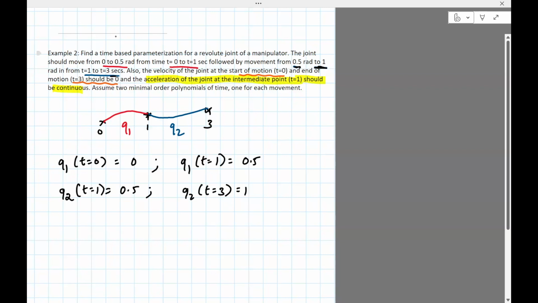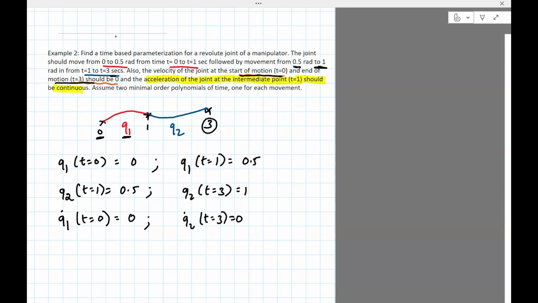Then the velocity of the joint at the start of motion is 0. So start of motion means we need to go with Q1. Start of motion is at 0. So Q1 dot is 0. And then end of motion over here, Q2 dot at time t equals 3 should be 0. So we've got 6 conditions.